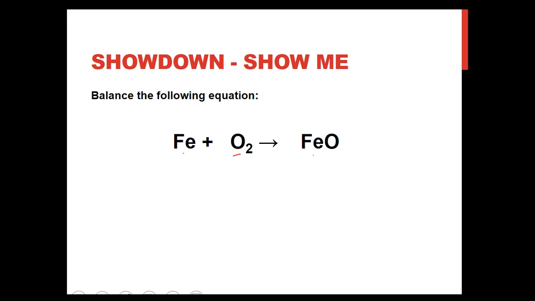I have two oxygens on the left and one oxygen on the right. So I'm going to put a 2 here, and now the oxygens are balanced. However, now my Fe's are not. So I go back and say, I've got two Fe's, I need to have two Fe's, and now that is balanced. So it's just back and forth. I can go back and check two Fe's, two O's, two O's.